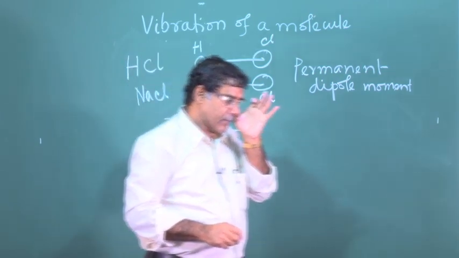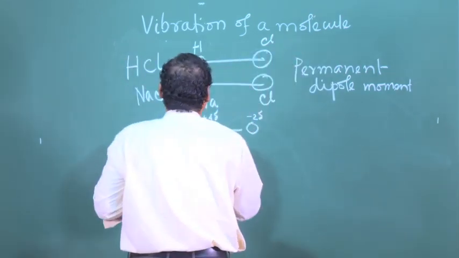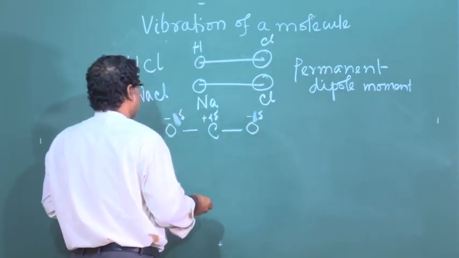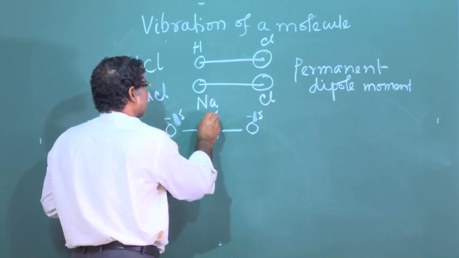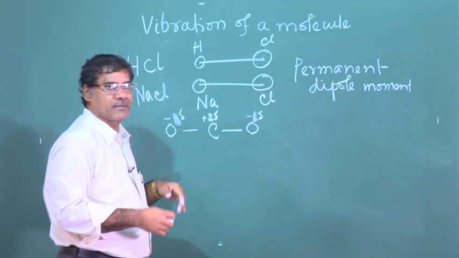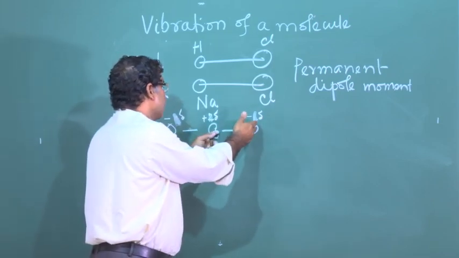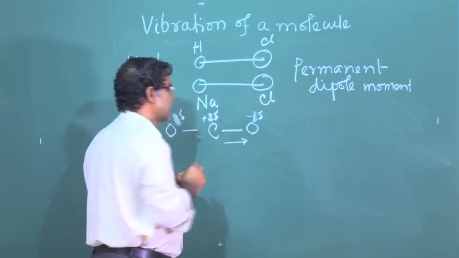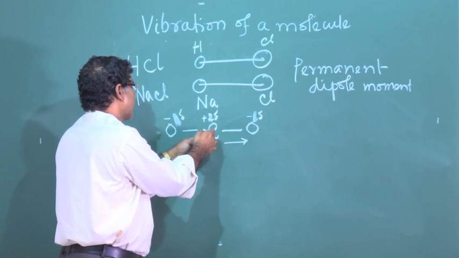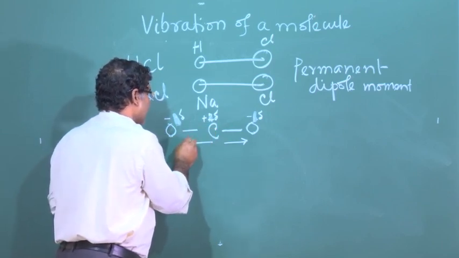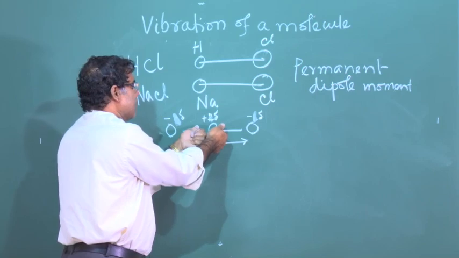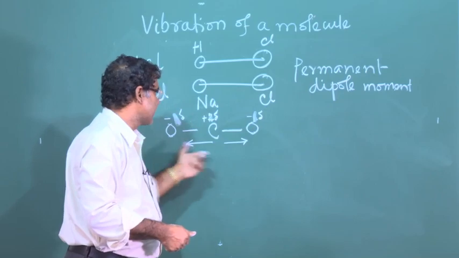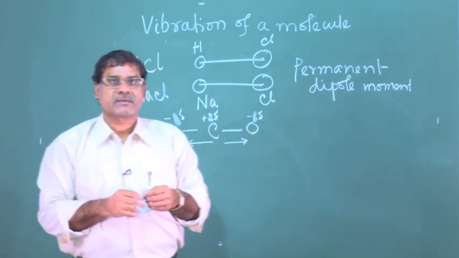Charge is balanced. Now the dipole moment direction is positive to negative, in this direction here, and in this direction there. So, these are equal in magnitude but in opposite directions. So, the net dipole moment for carbon dioxide is 0.